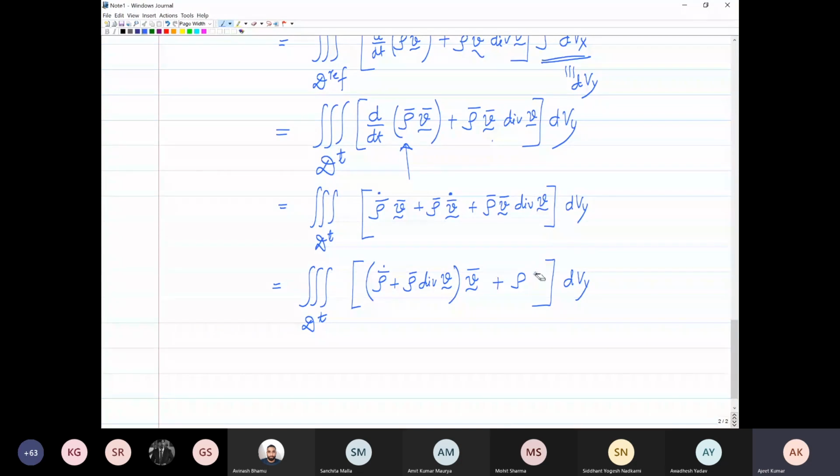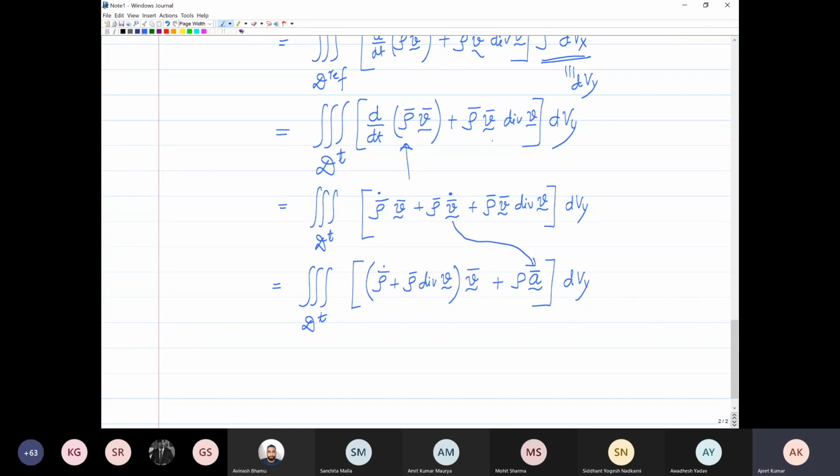And actually, what is this thing here, v dot? Although it's the Eulerian velocity, the Eulerian velocity is the same as the Lagrangian velocity, and you have to take the material time derivative. So what will v dot be? Acceleration, right? And you see the first two terms.